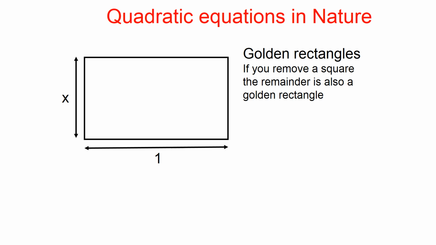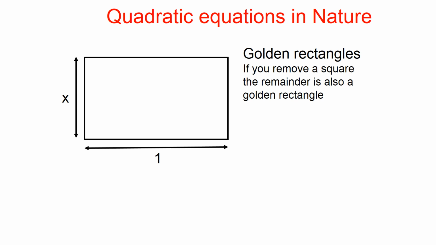Another place these things crop up is this idea of golden rectangles, or the golden ratio. One way of defining it is a rectangle where one side length is 1, in any unit, and the other side length is x.